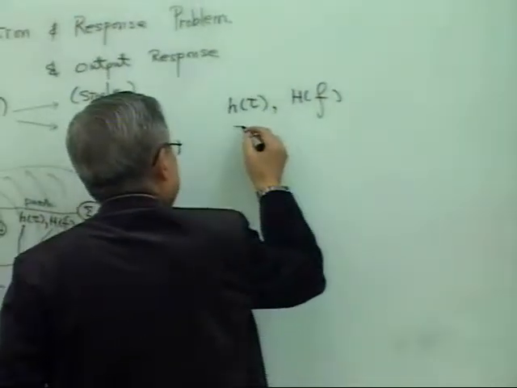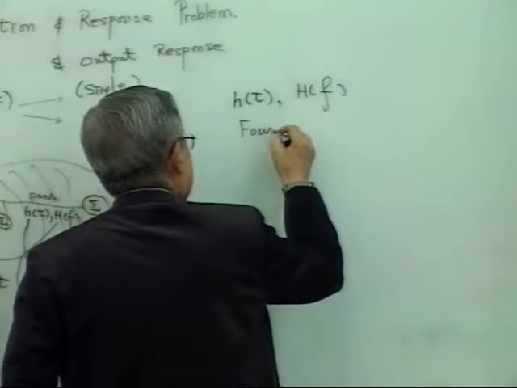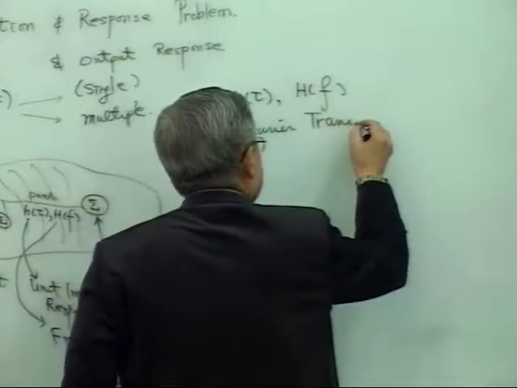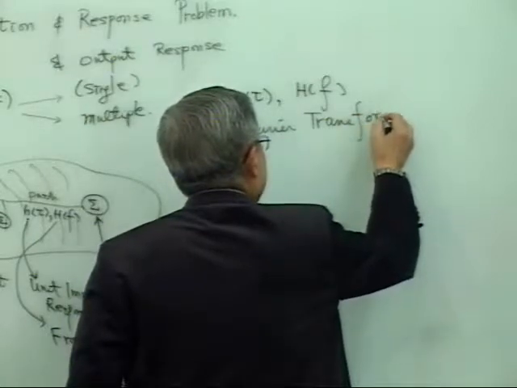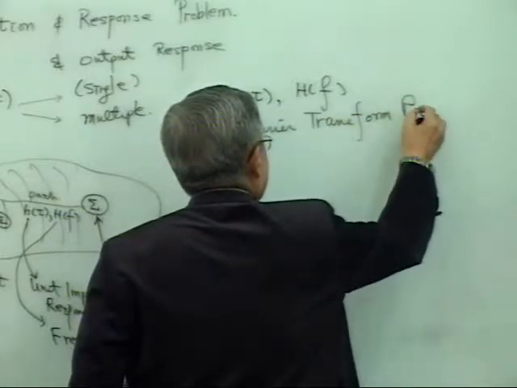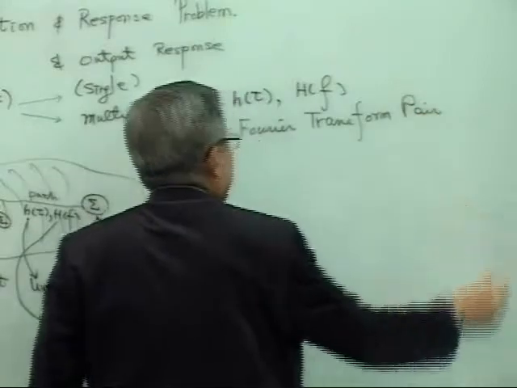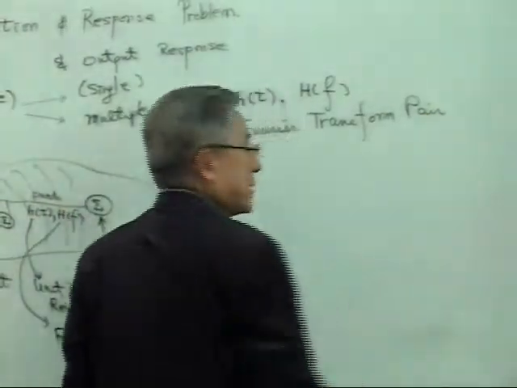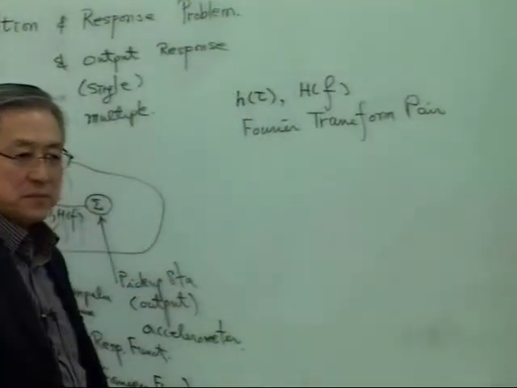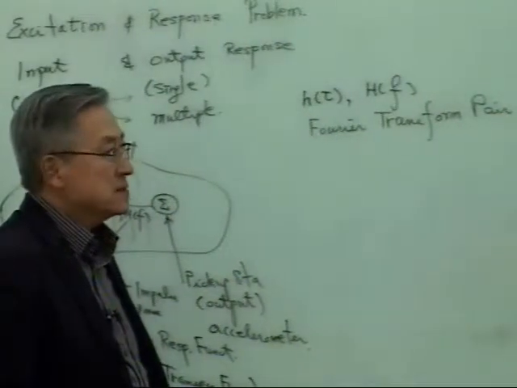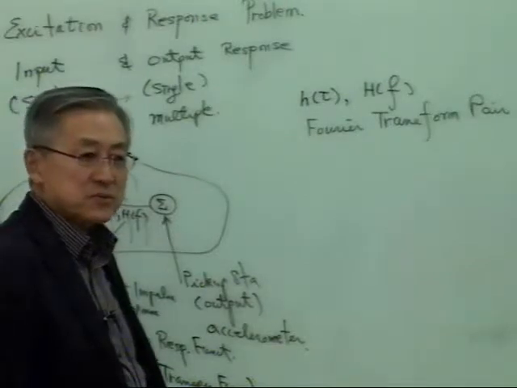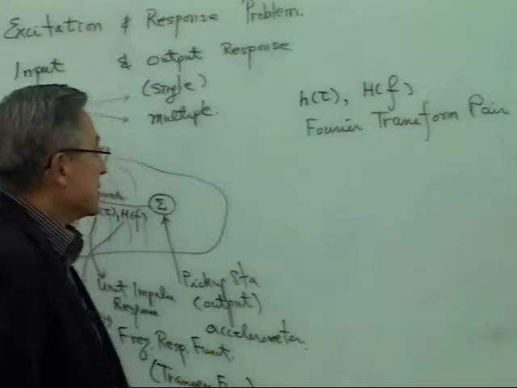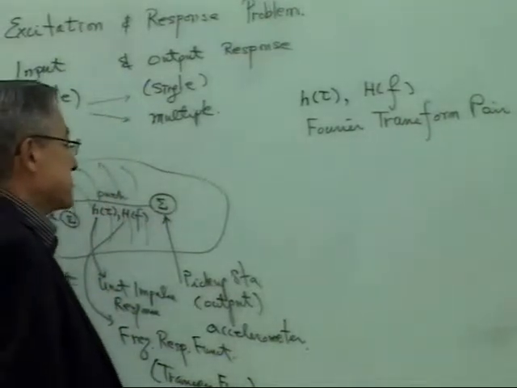This is called a Fourier transform pair, for the spectrums, for example.